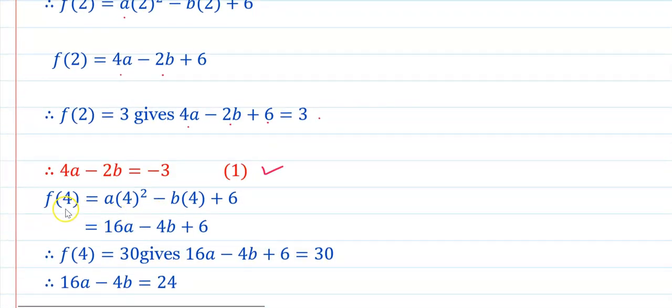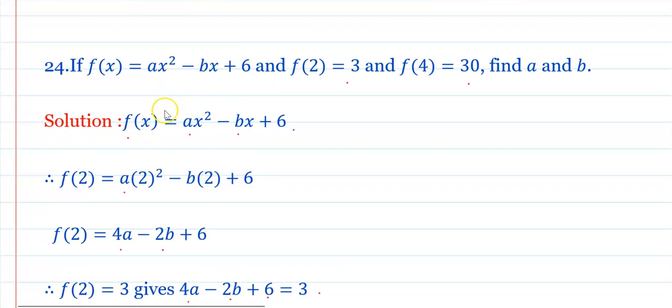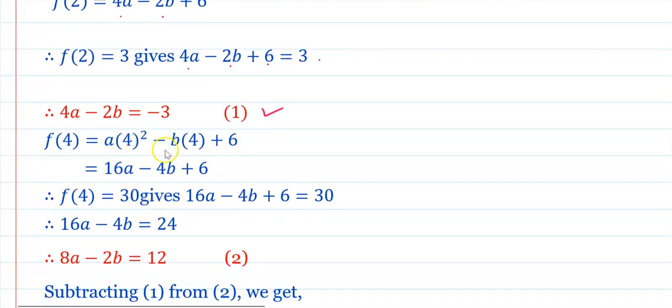What about f of 4? F of 4 is again a into 4 square minus b into 4 plus 6. That is 16a minus 4b plus 6, and that is equal to 30. 16a minus 4b plus 6 is equal to 30. We will simplify this. The 6 goes to the other side: 30 minus 6, you will get 24.